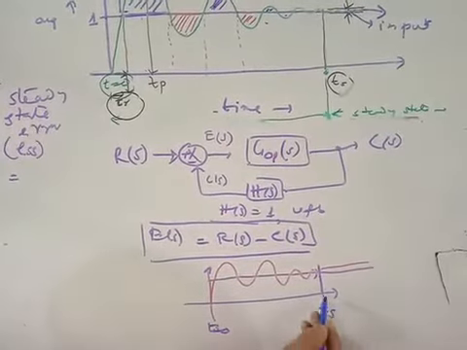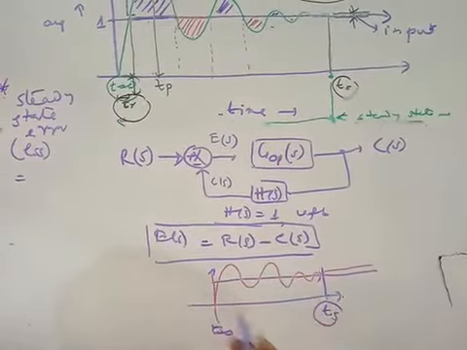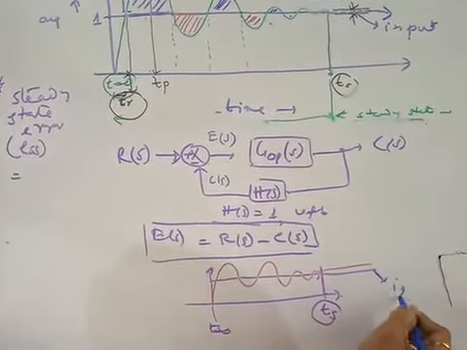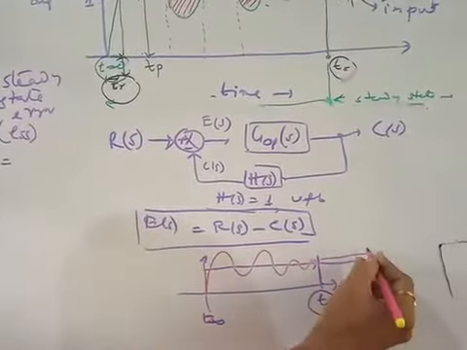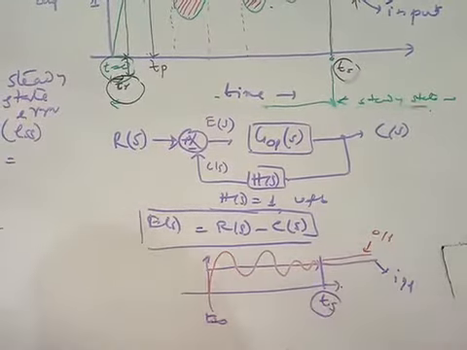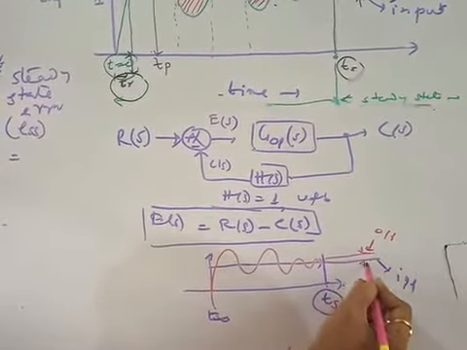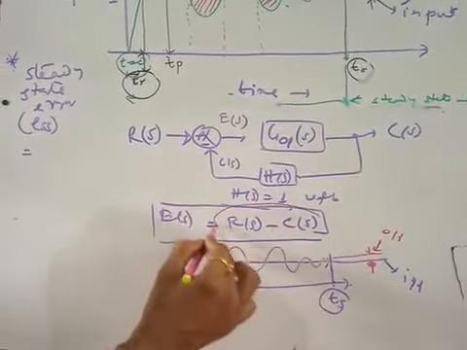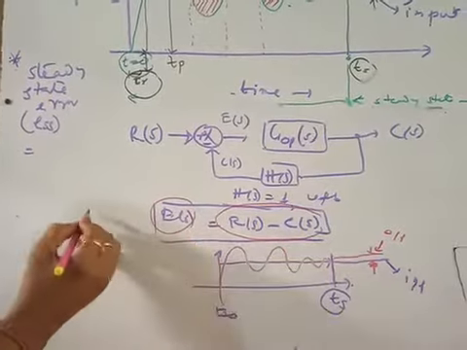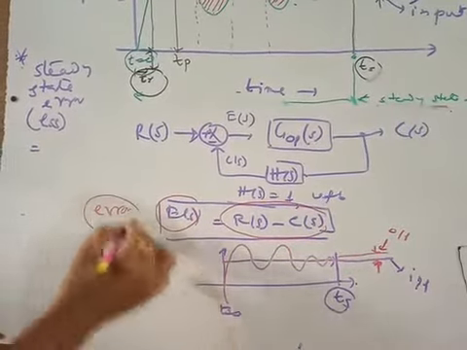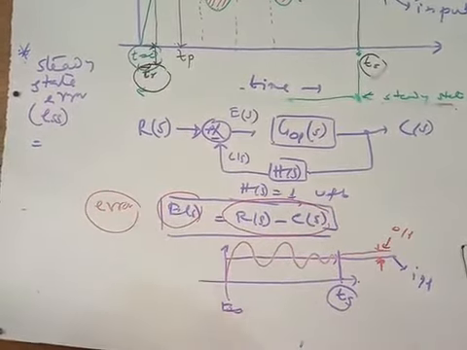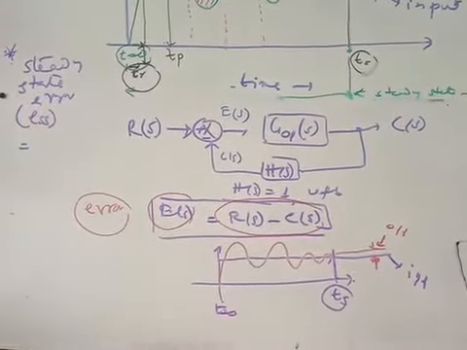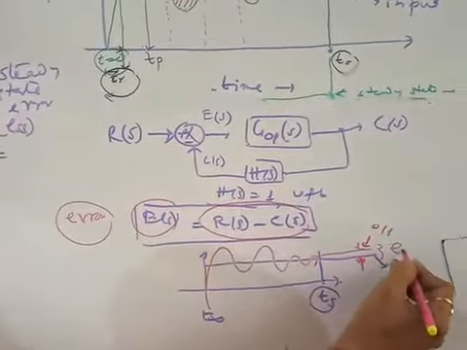See, this is your settling time, it reaches the settling band or settles down. This is your input, and you see this is your output. So what you get? There is a difference between the input and output, and the difference between the input and output is denoted by error, right? And this error occurs when the system reaches the steady state value, so that is known as the steady state error. So this is your ESS.